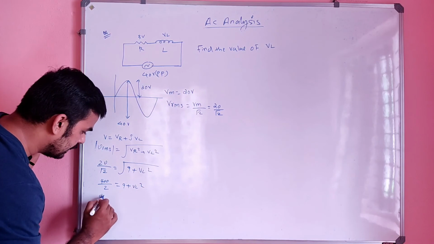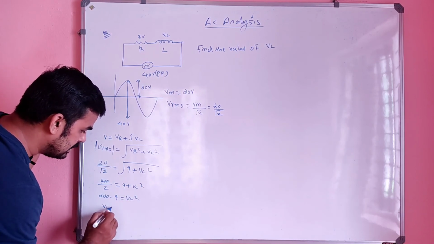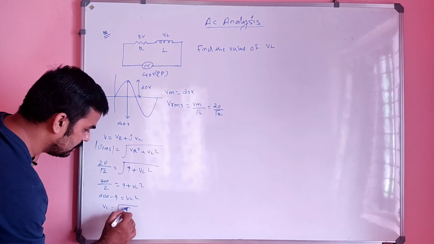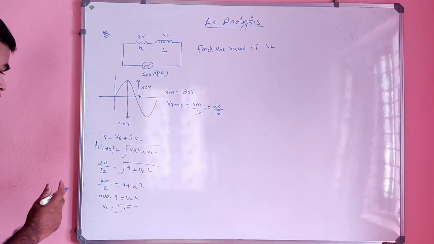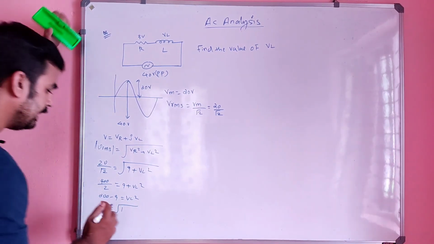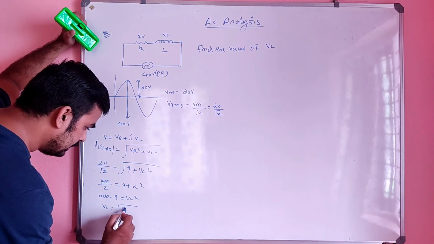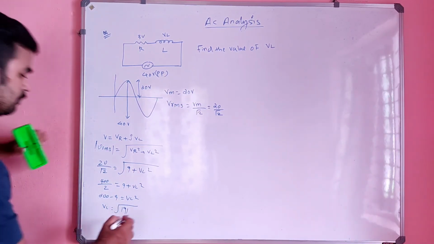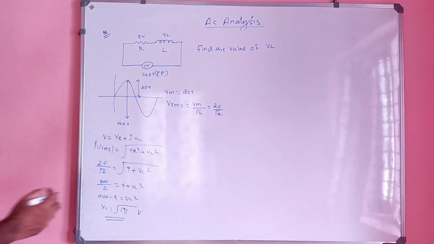Or simply 200 minus 9 will be VL square, or VL is nothing but root of 200 minus 9. 200 minus 9, 191, correct, 191 volt. So the value of VL is equal to root 191 RMS.